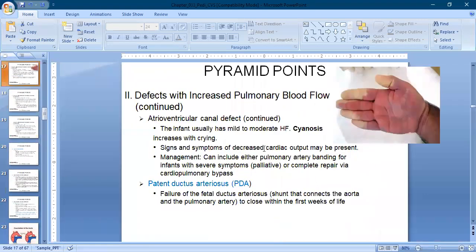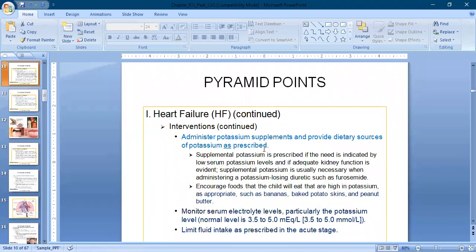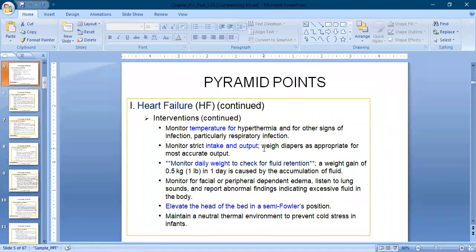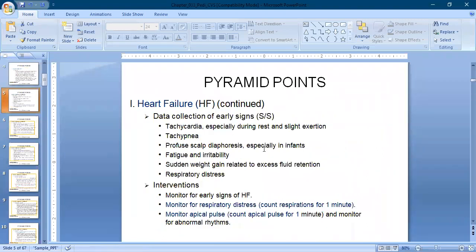So now we are going to focus as an LPN or as an RN. What are our roles if my patient has heart failure, right? So nursing intervention, we have to know the interventions. Keep in mind our first priority is to monitor the vital signs, right?